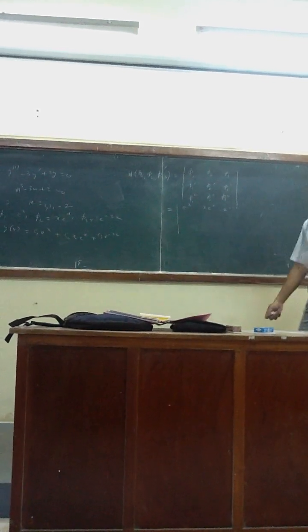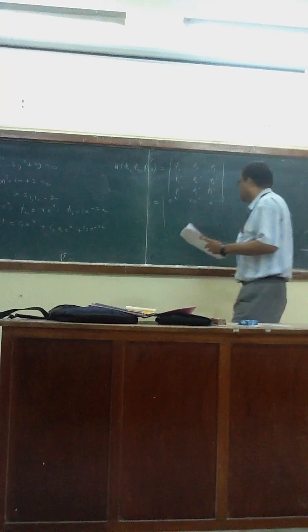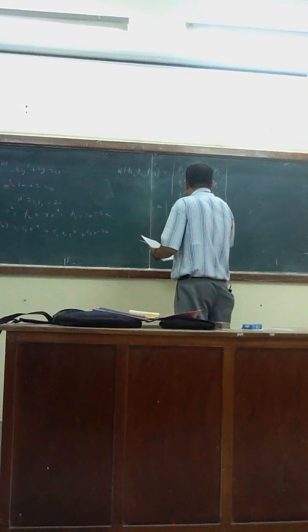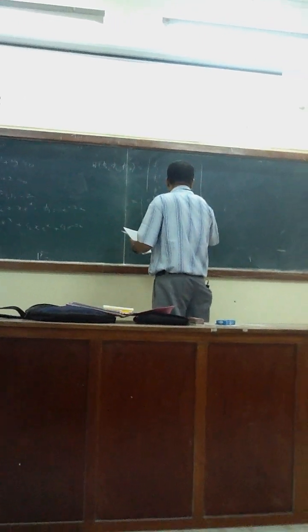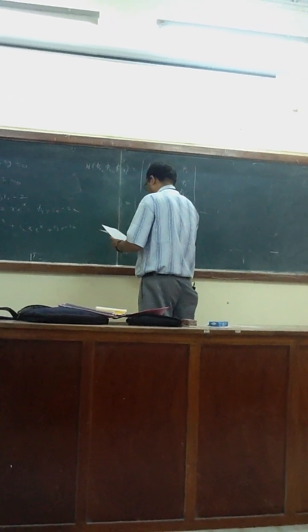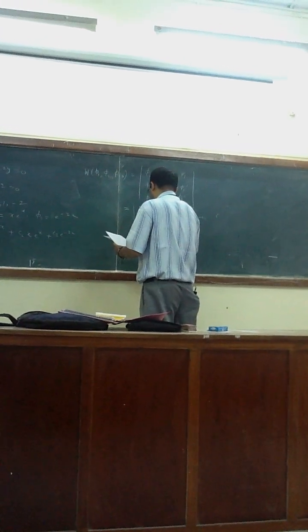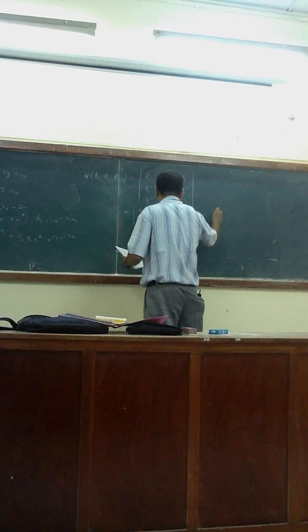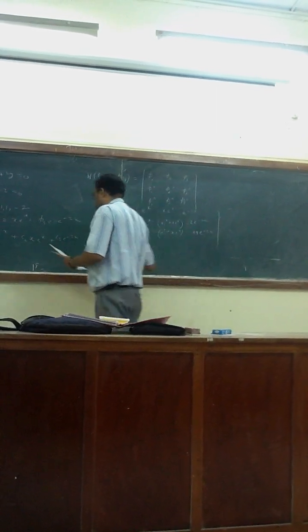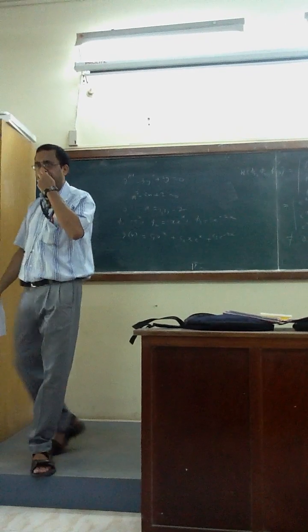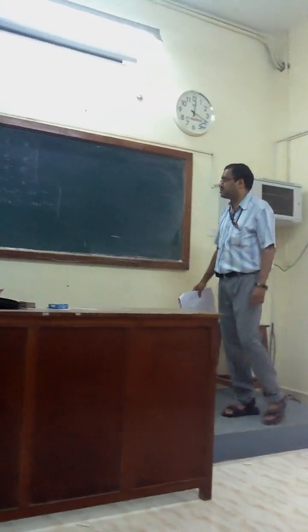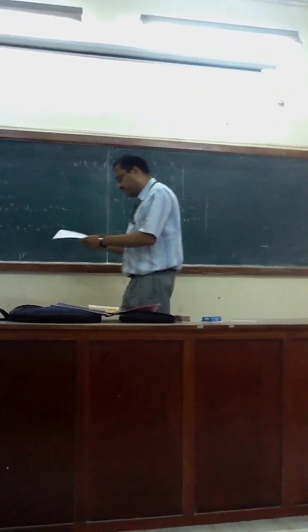Next, e to the power x again, then e to the power x plus x e to the power x, then minus 2 e to the power minus 2x. Then e to the power x, then 2 e to the power x plus x e to the power x, and then plus 4 e to the power minus 2x. Definitely it is non-zero. You can prove it. So that means they form the solution basis.